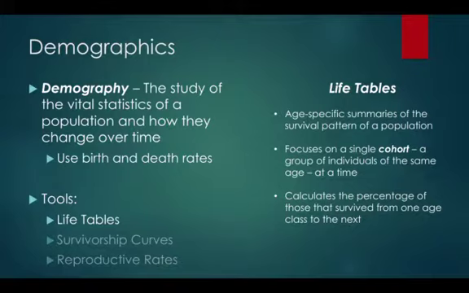Life tables are age-specific summaries of the survival patterns of a population. It focuses on a single cohort or an age group, a group of individuals of the same age at a time.